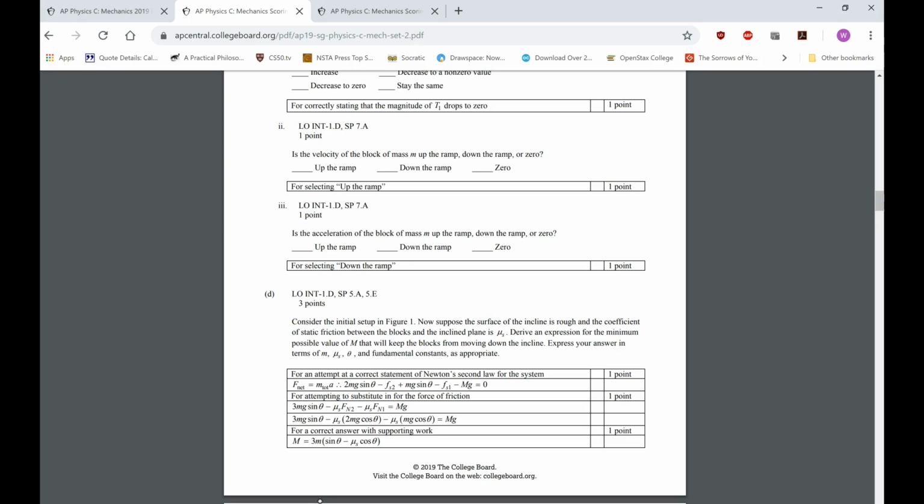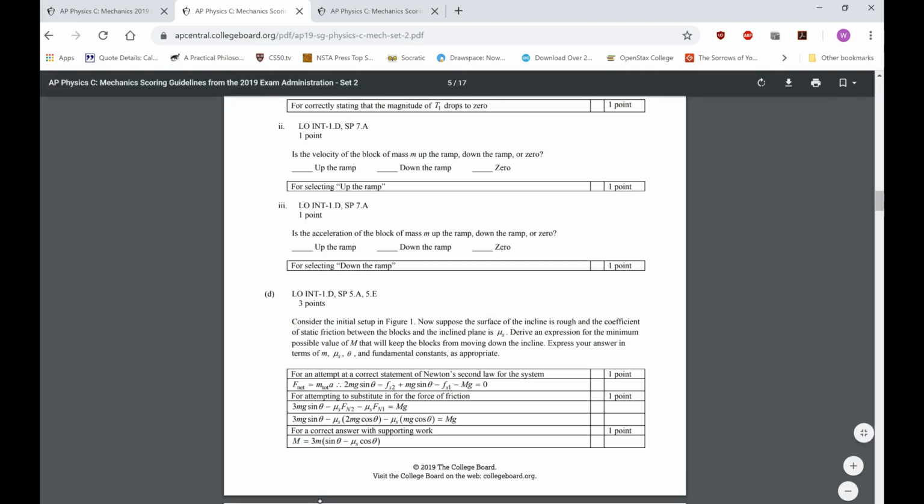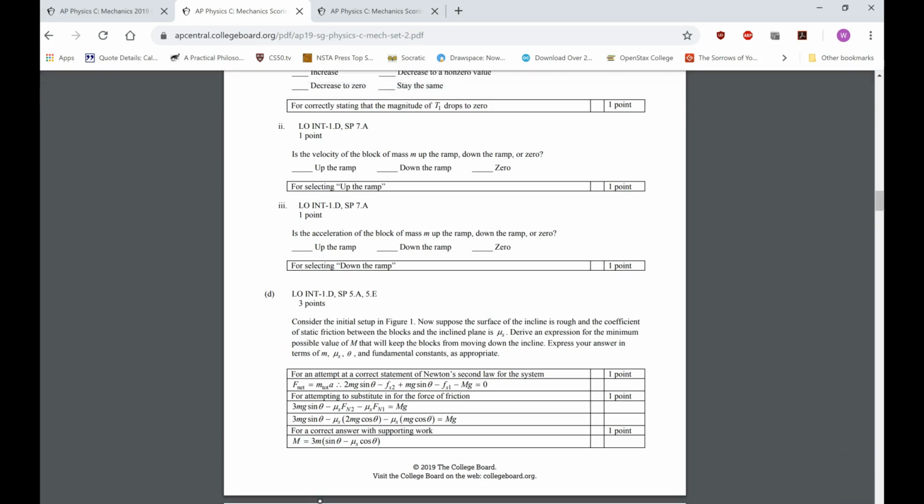Always show your work. So if you take what you wrote for Newton's second law and you replace Fn with what Fn would equal, maybe you just wrote the wrong thing, but you started here. You have to start with the original and then show the substitution. You get the second point. The third point is then for having the correct answer.